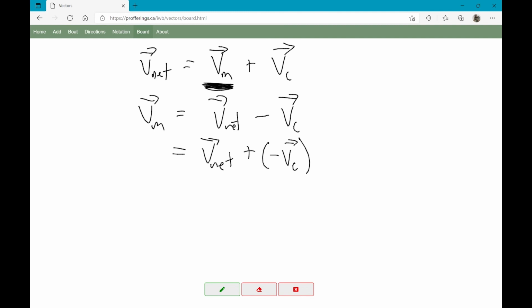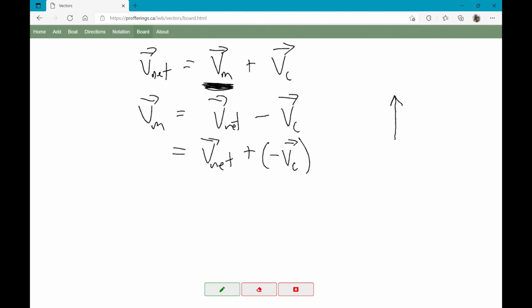We do know something about the net velocity. We don't know how fast the boat is going to cross the river, but we do know that we want it to go straight across the river. So our net velocity is going to point straight across the river, due north in this example. Because I don't know how fast it's going to go, I don't know how long to draw that arrow, which means I can't draw a scale diagram, but I don't need a scale diagram.